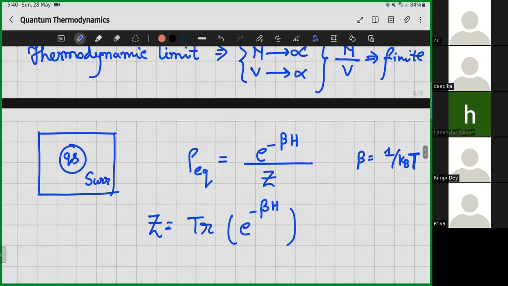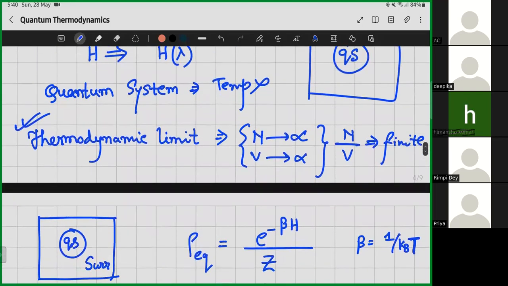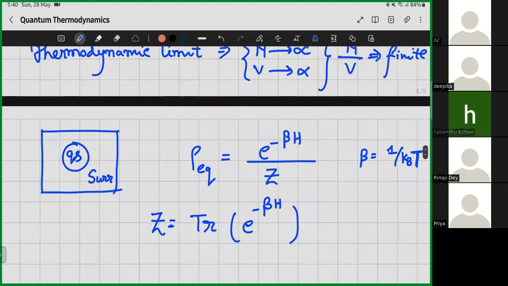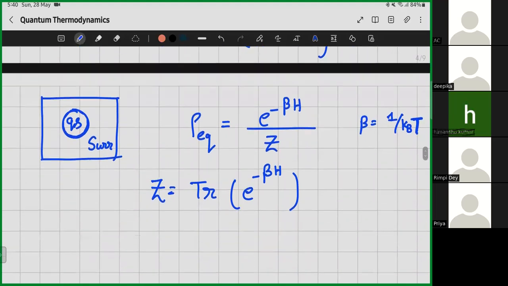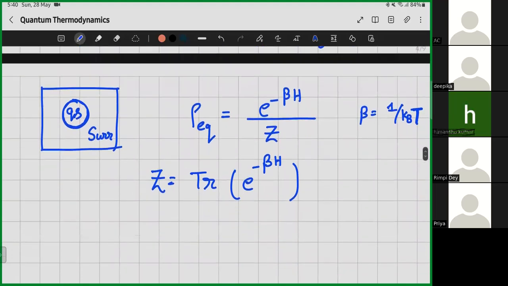As I discussed before, for a quantum system there is no definition of temperature. But as we are considering an equilibrium state, this quantum system is in equilibrium with the surroundings, so the temperature of the quantum system should be equal to the temperature of the surroundings. And the surrounding is a macroscopic system.